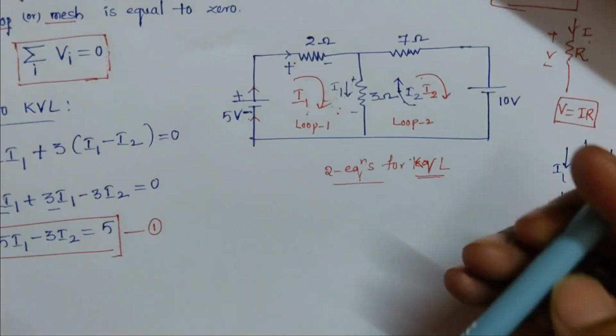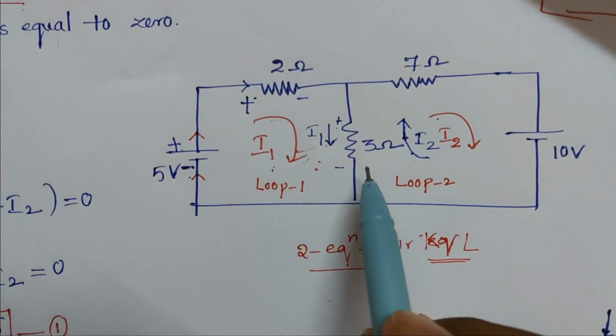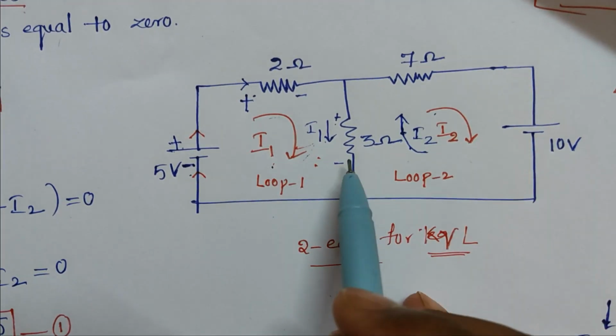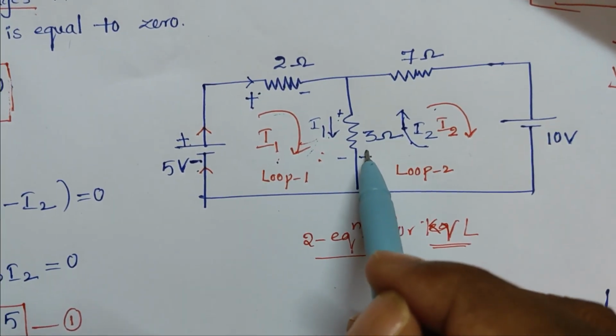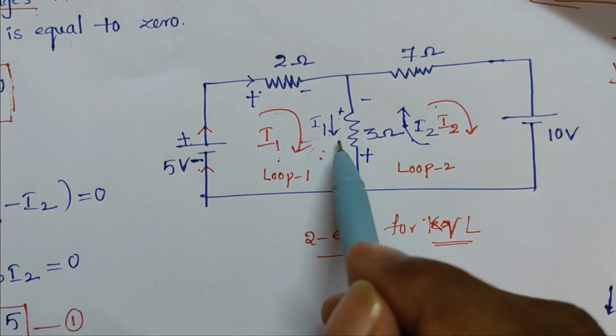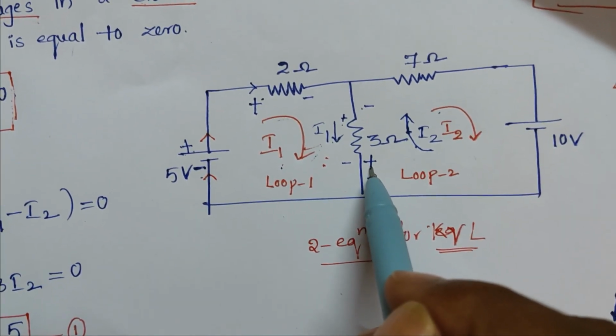Now let us write the voltage expression for the second loop. As the current flows in the clockwise direction, we consider the first terminal, which is minus 3 volts. So this is plus for I2 and this is minus for I2, just as this is plus for I1 because it flows in this direction. Current enters the positive terminal of the resistor.